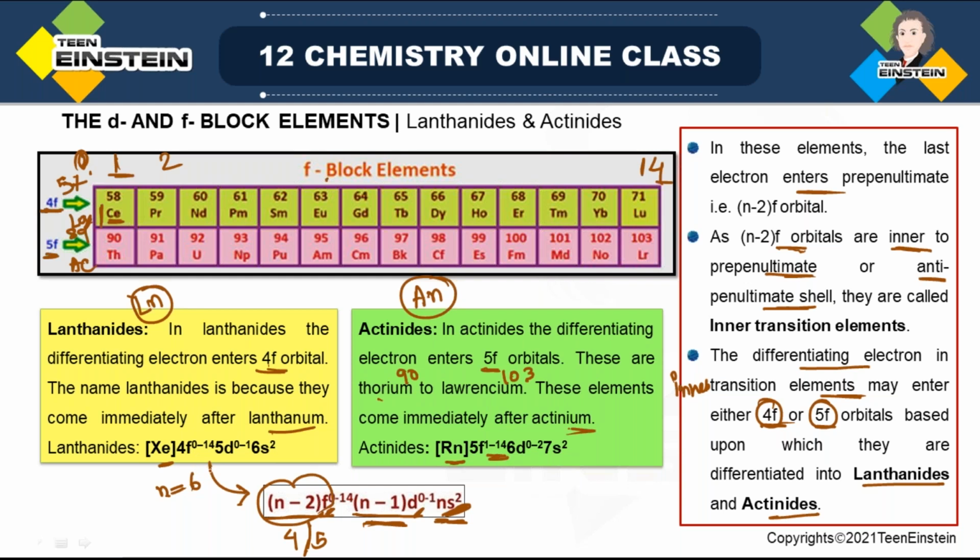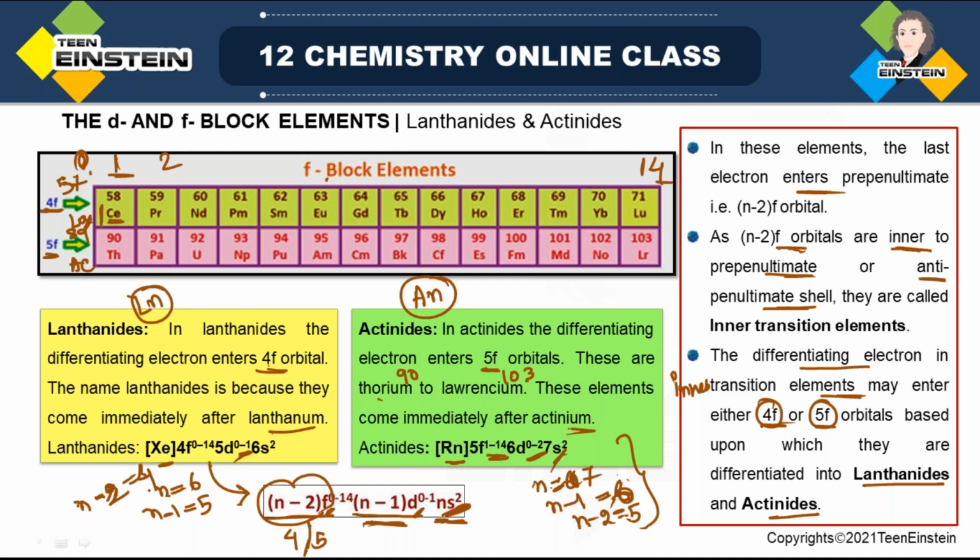So one electron must be in another orbital. Here it is 5d0 or 1, but here it may be 6d0 to 2. That means it may be 6d0, 6d1 or 6d2. Three possibilities are there. But the outermost orbital is always 7s2. So here n value is 7, n minus 1 is 6, n minus 2 is 5, and for lanthanides n is 6, n minus 1 is 5, n minus 2 is 4.